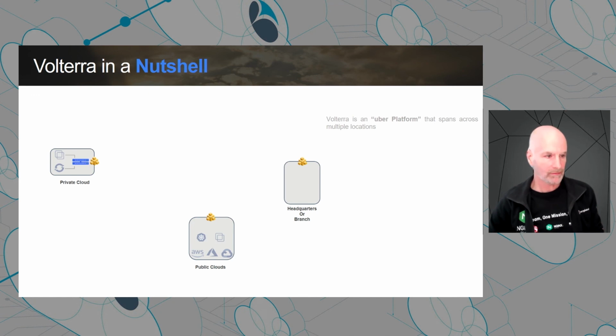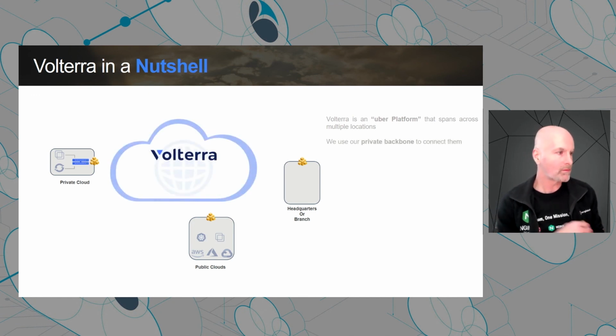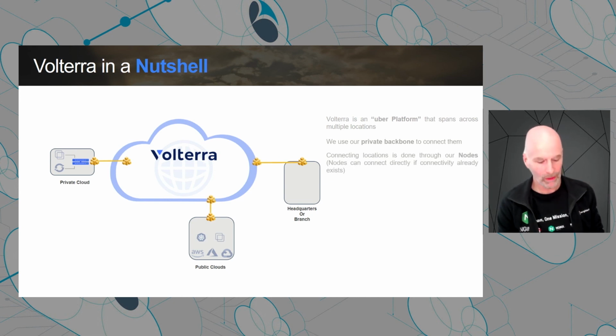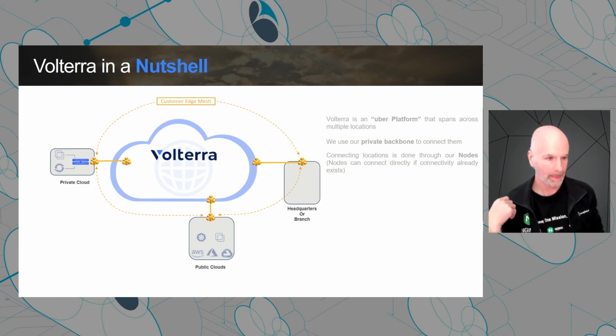Now, Volterra, in a nutshell, we're looking here at three different environments. Volterra is an Uber platform that spans all of the locations. We use our private backbone to connect them, but if you've got your own connectivity, your own backbone, we can create a mesh between your sites using your own backbone, so you don't have to use Volterra's network.